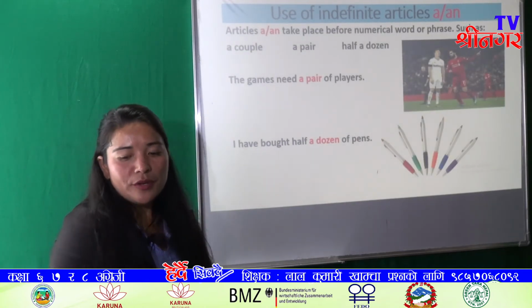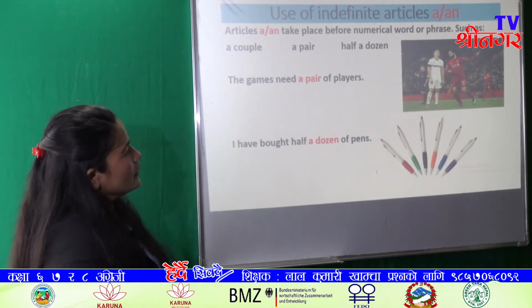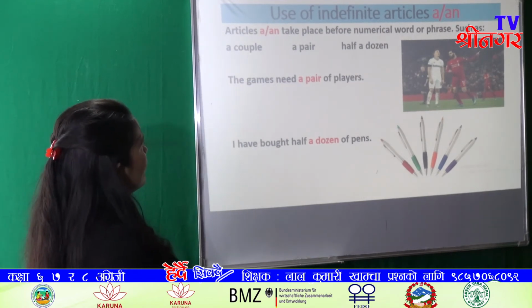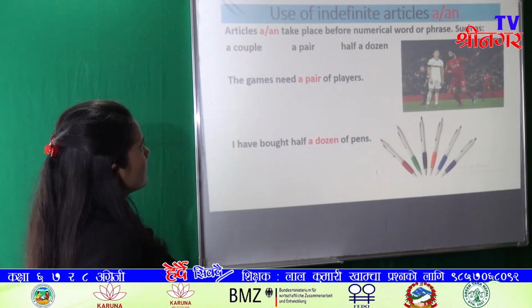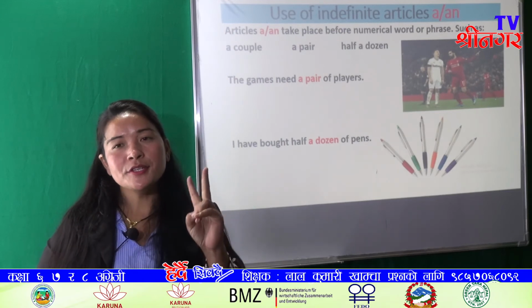Okay, and we use articles a and an before a numerical word or phrase. Okay, before a numerical word or phrase, we can use article a or an. Look at here, a couple. Okay, a couple, and you know couple is a numerical word. Couple indicates two.